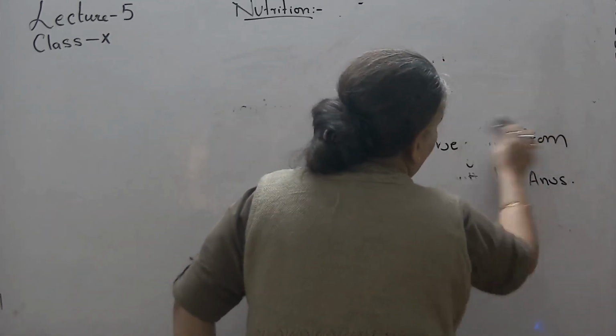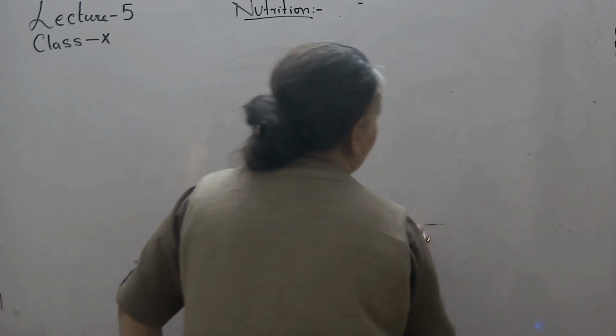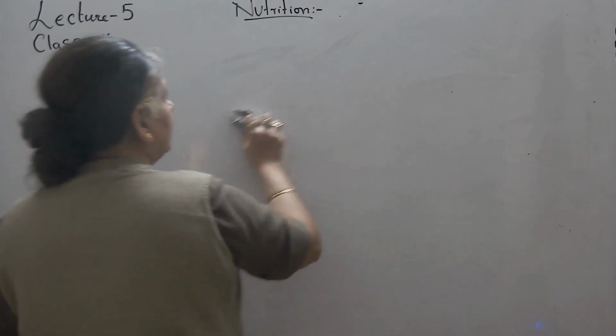So this saliva is secreted by salivary glands. There are 3 pairs of salivary glands in our mouth.